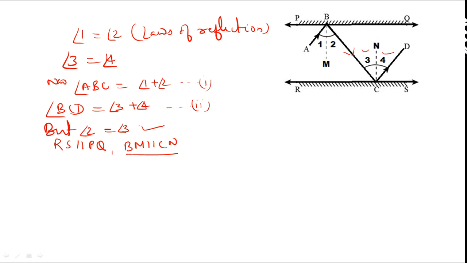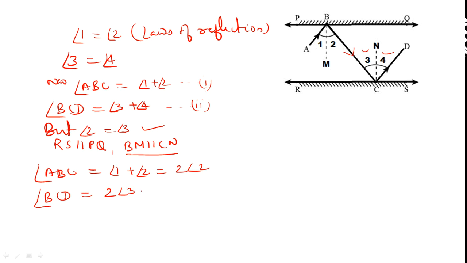Is that clear? Now if we use this relation in equations first and second, then we will be able to write angle 1 plus angle 2. Angle 1 and 2 are equal, so I will write twice angle 2. Again, taking equation second, BCD: angles 3 and 4 are equal, so I will write twice angle 3.